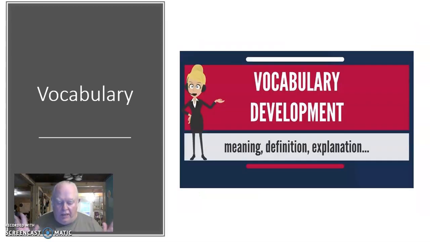Vocabulary development. Okay, this is interesting here. My first job working as a teacher was teaching spoken English in China. Each week I would have a subject, for instance, family, sports, whatever. And on Monday I would give the kids a list of words.